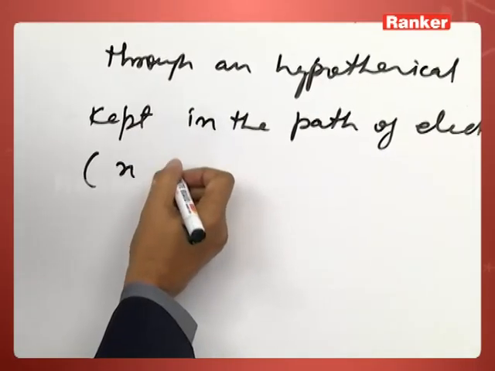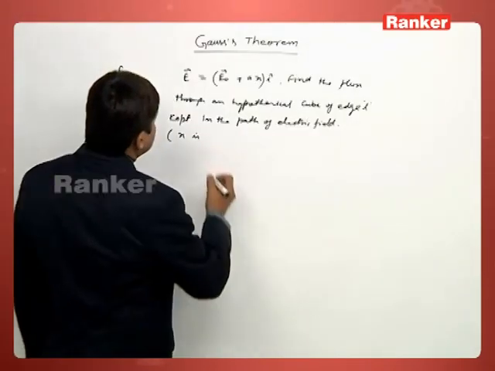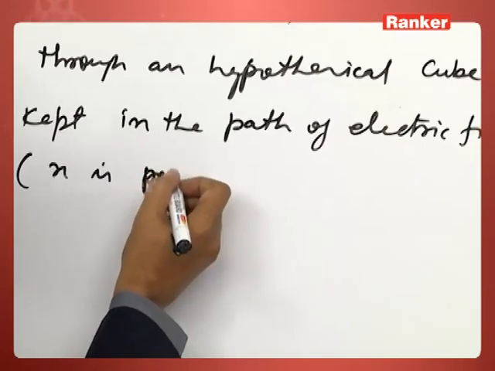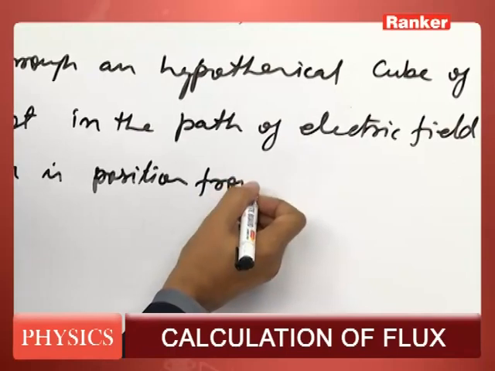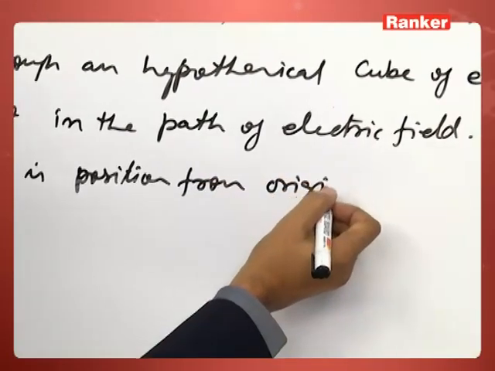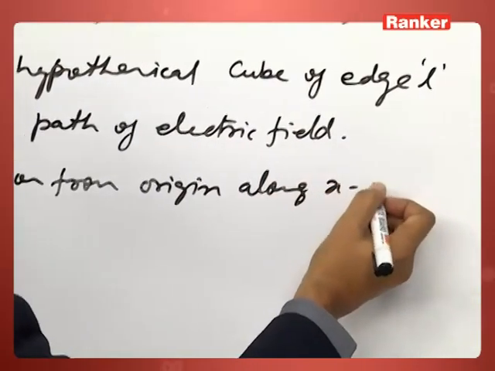Here x is the position of a point from the origin along the x axis.